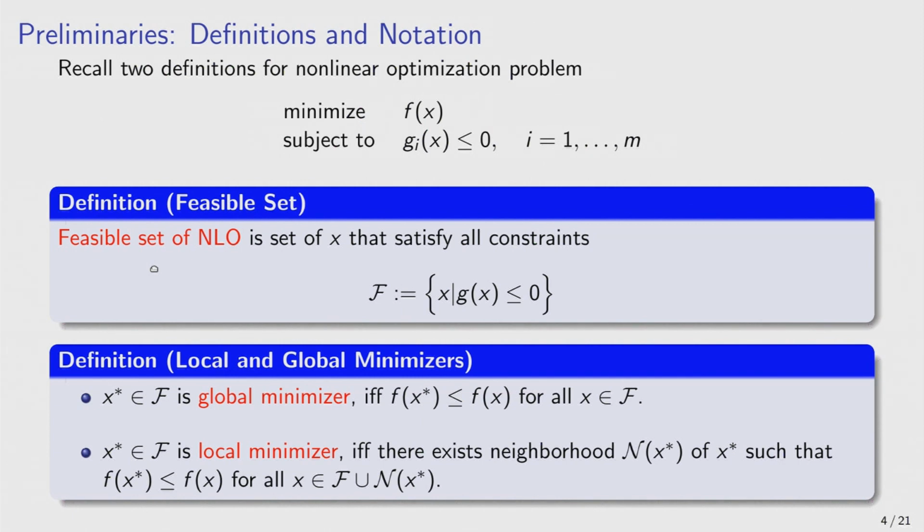And the local minimizer is defined almost in the same way, except we look only at a neighborhood of the current point, and we say that it is a local minimizer if there's no better point inside a neighborhood intersected. This should be an intersection. This is a bad mistake. This should be the other way around, an intersection with that neighborhood.